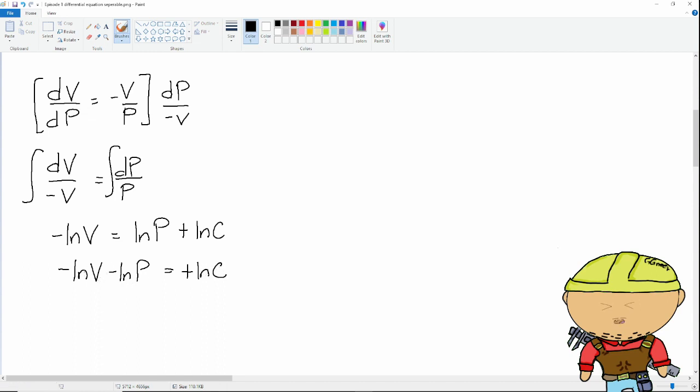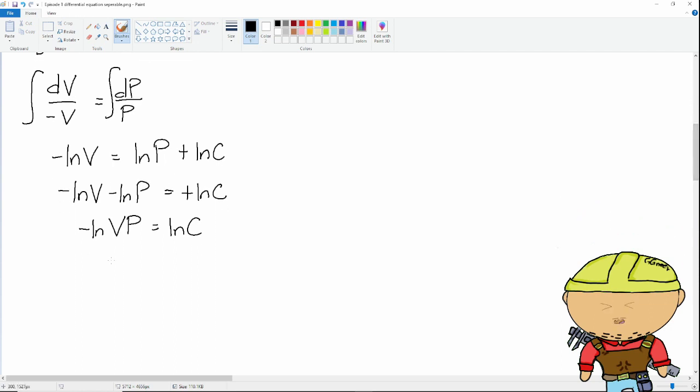Now that v and p are both on the left side, both negative, by a property of natural logarithm we can simplify the equation into this. With ln on both sides, we can raise both sides to e, having the equation vp raised to negative 1 is equal to c.